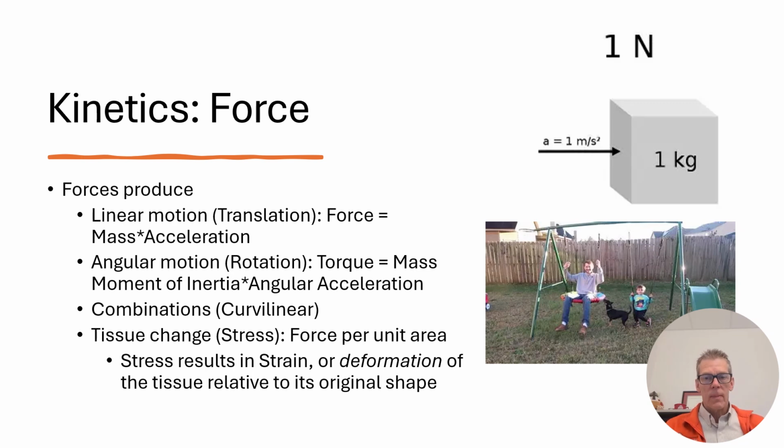So there are some equations that we use to kind of get our head around how forces are applied. This is a pretty basic description of what forces produce, right? If you think about it, if you push or pull on something, that object will move.